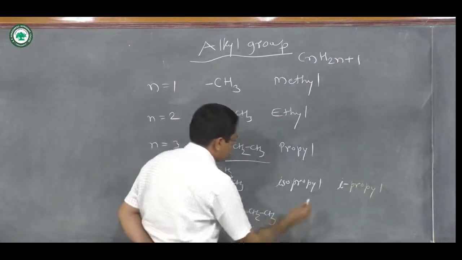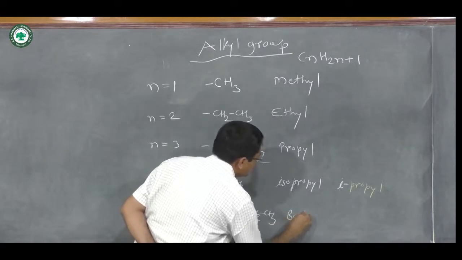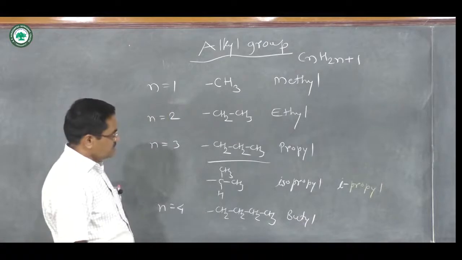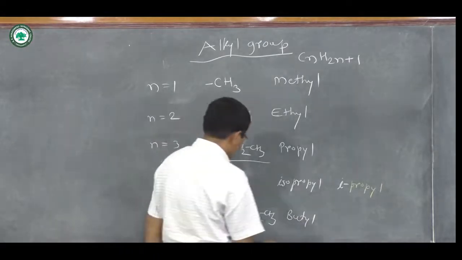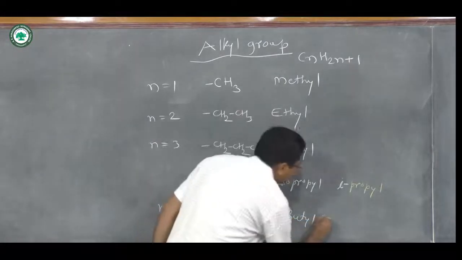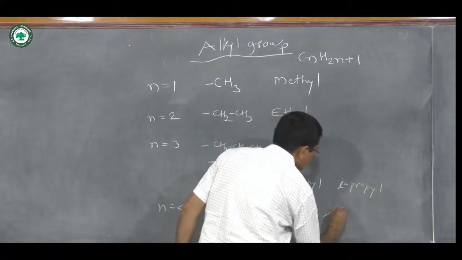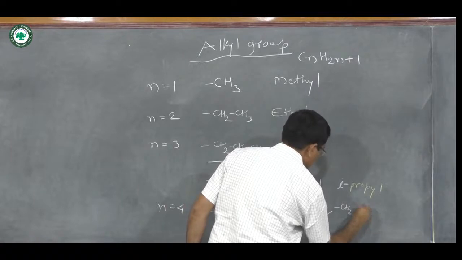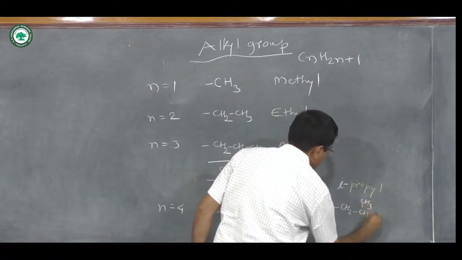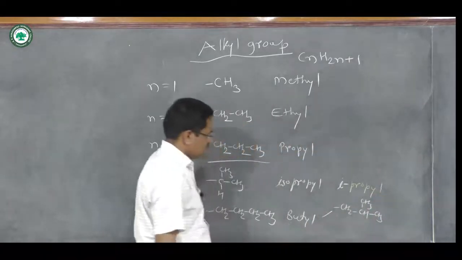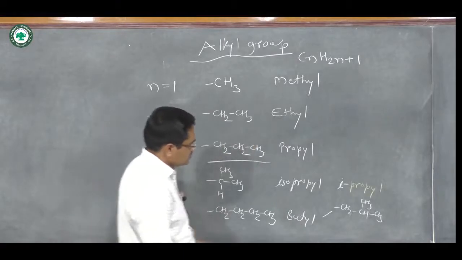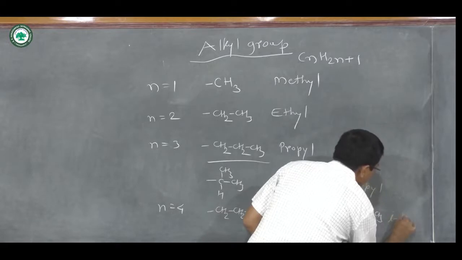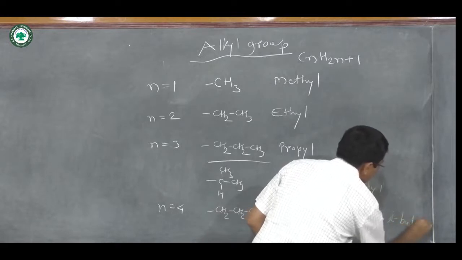This is butyl group, and butyl group has isomers and this is isobutyl.